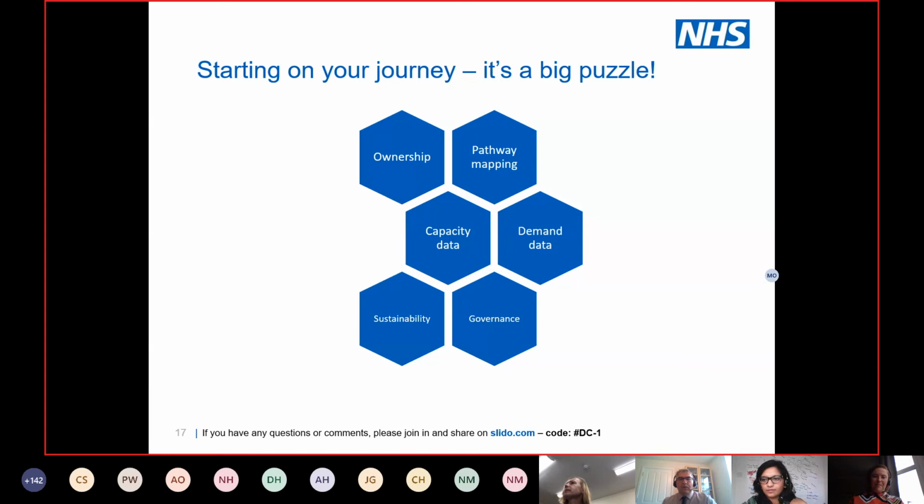And those cover ownership, they cover pathway mapping. We talked about data, and that's the capacity data and the demand data. We know that governance plays a key role, and there's also something around sustainability. And we'll go on to look at each of these in a little bit more detail.